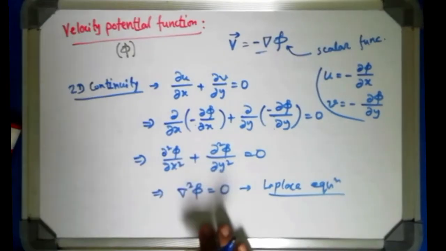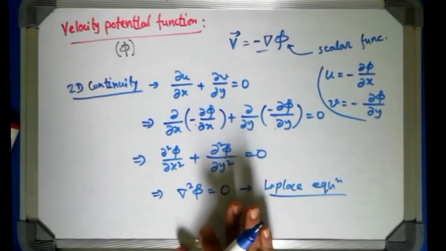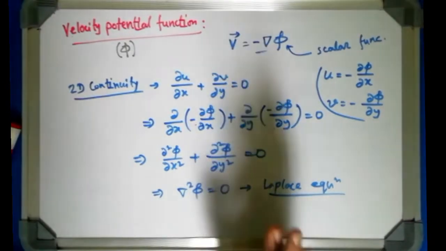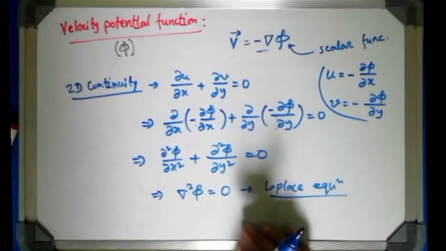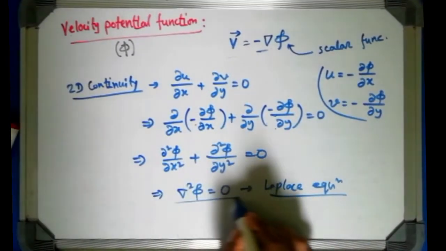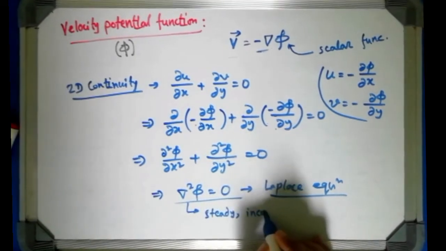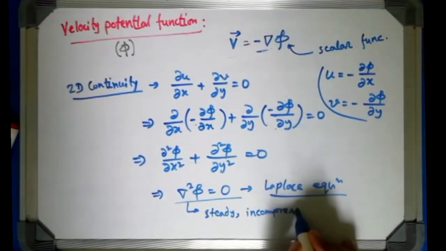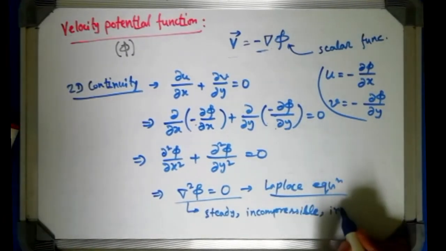If the velocity potential function satisfies the Laplace equation, then it represents a possible steady incompressible irrotational flow. Why I am talking steady? Because I have eliminated the t term. So if it is satisfying the Laplace equation, then I can say it is a possible case of steady incompressible, that means density is constant, and obviously irrotational flow.